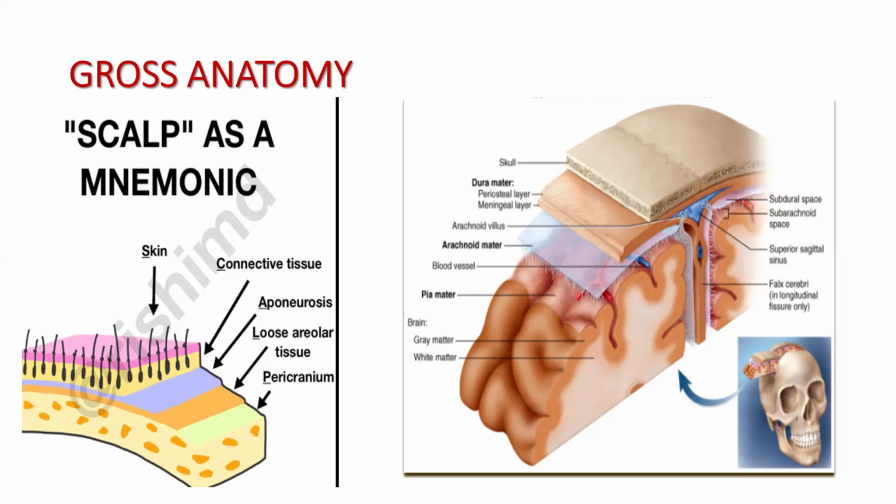So once they are traumatized, they tend to retract, and then you find someone bleeding out from that areolar tissue. So it is the site for most subgaleal hematomas, that areolar tissue among all those 5 layers. The others also bleed, but the most is this areolar tissue once it is involved.